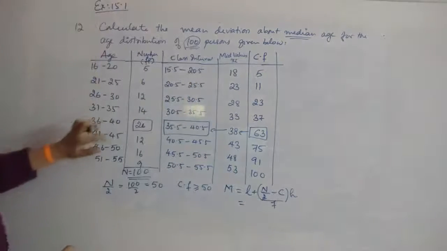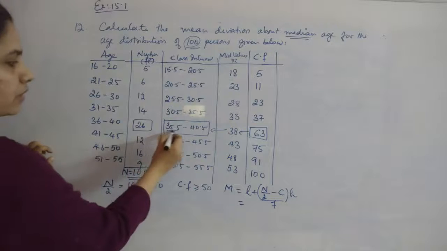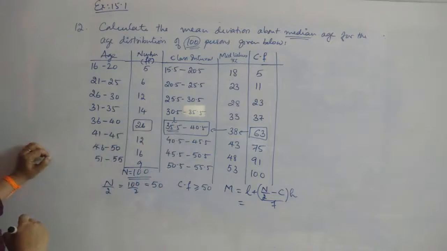Replacing the values: what will act as L? This is L, the lower limit of the median class.